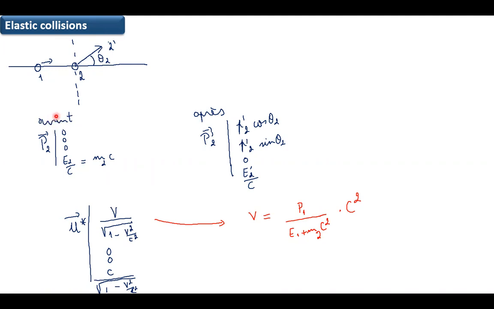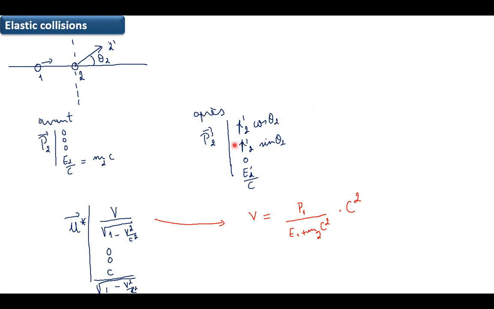Before collision, I'm using the same slides as the French class. Okay, this is before collision. P2, the initial particle number 2, is initially at rest, so it's 0, 0, 0 in space, and E2 over C, which is the rest energy, so it's M2C squared over C, it's M2C.